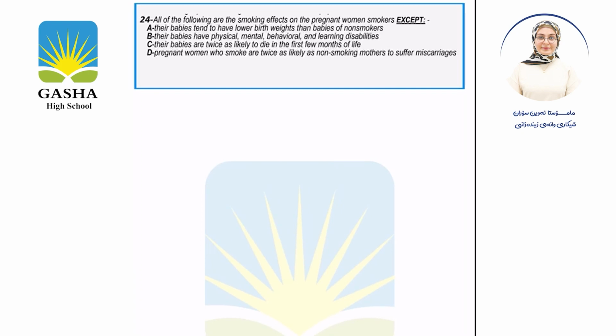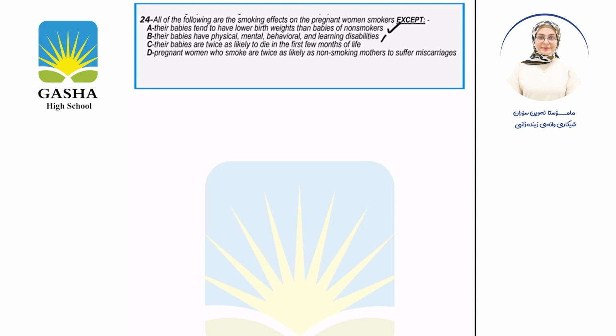Question 24. All of the following are smoking effects on the pregnant woman smoker, except. So we are searching for the wrong answer. A, their babies tend to have lower birth weight than babies of non-smokers. Yeah, this one is true. B, their babies have physical and mental behavior and learning disability.